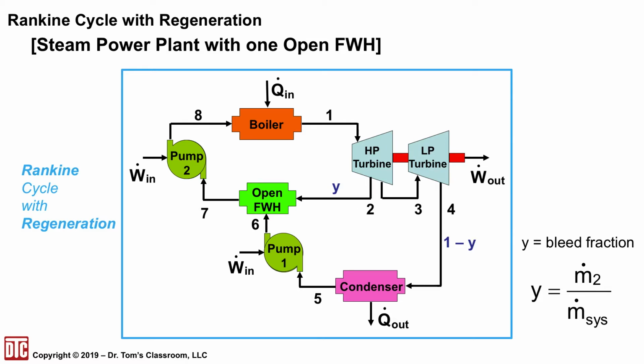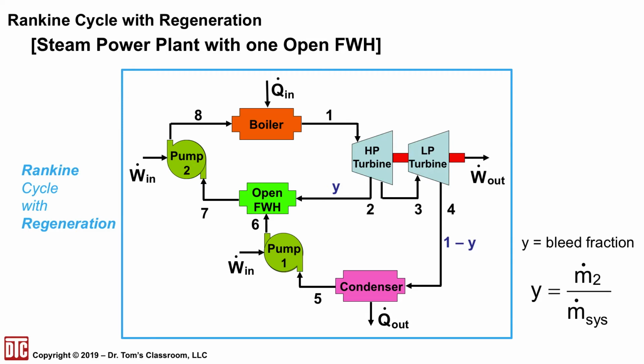So what you really have is two streams that mix, and by the time it gets out of the feed water heater, it is back to a saturated liquid, so that it can go into pump number 2 and follow along the cycle here.